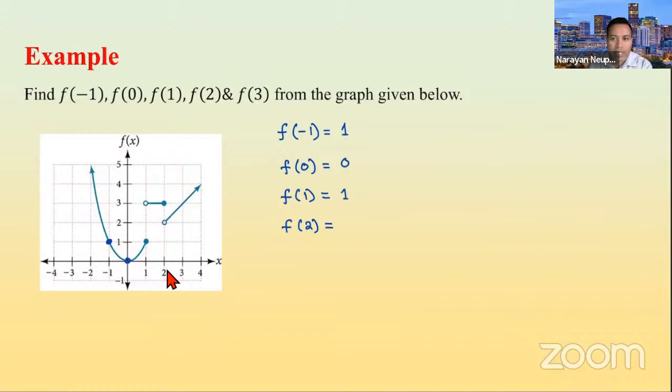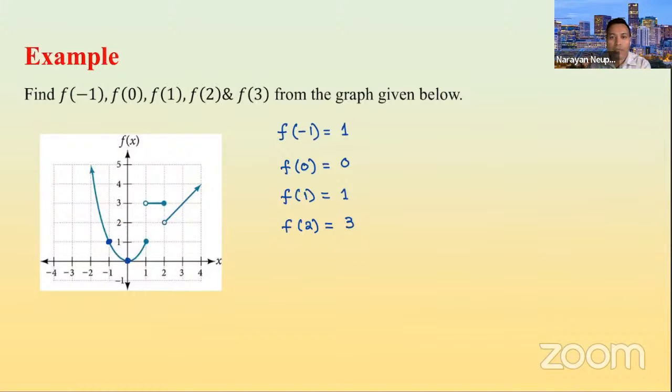At 2, you can see that if you go all the way up here, this value is not included, right? That is a hole. This value is not included. The included value is up here. Here is the dot. That value is included, and that value is actually 3. So f of 2 is equal to 3.